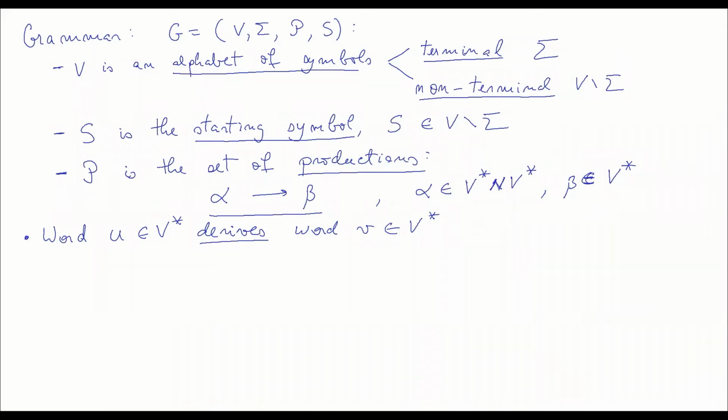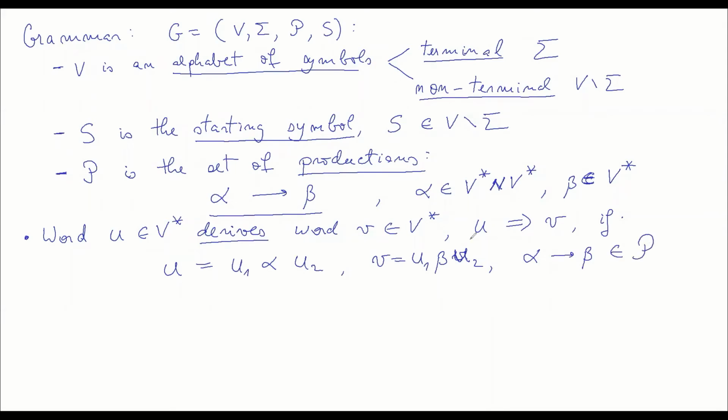This is denoted by U, and this double arrow means U derives into V. If we have something like this: U is of the form U1 alpha U2, V is of the form U1 beta U2, and alpha goes into beta is a production.